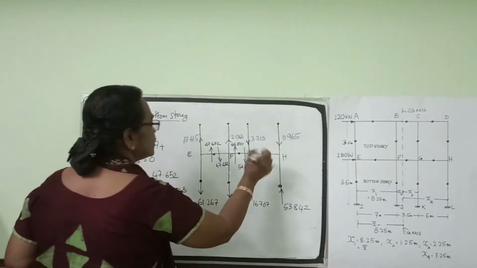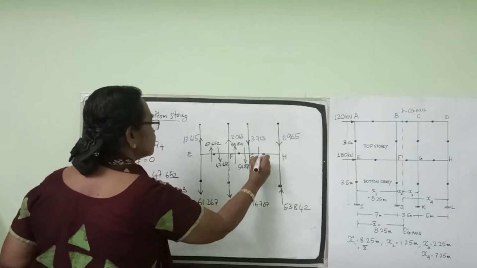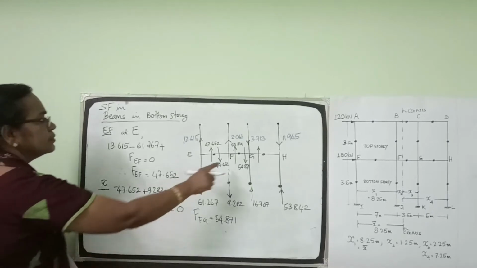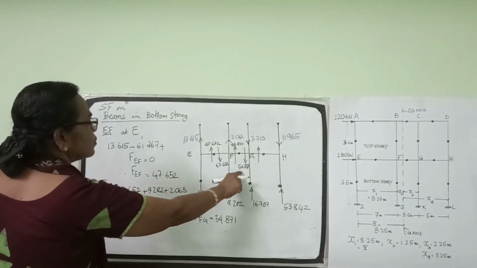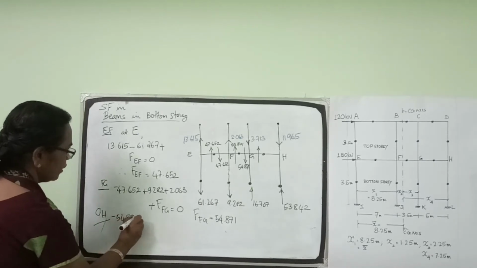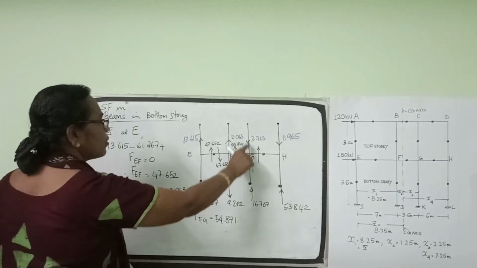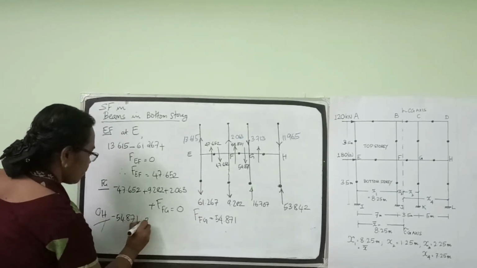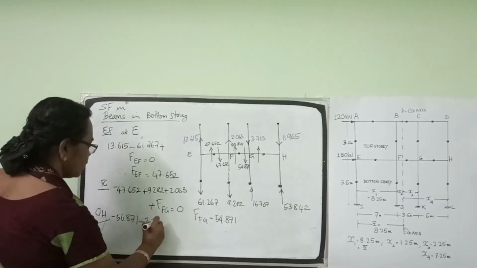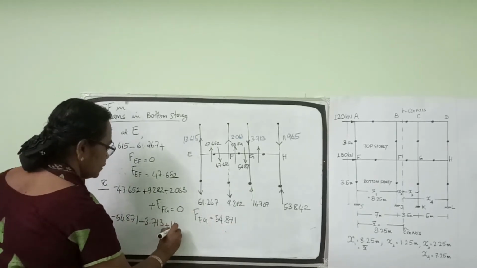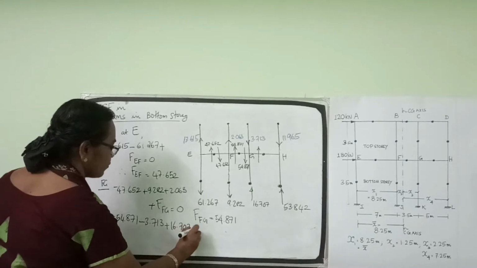Now consider beam GH. What are the forces? 54.871 acting downwards, so minus 54.871, 3.713 acting downwards, minus 3.713, 16.707 acting upwards, plus 16.707.